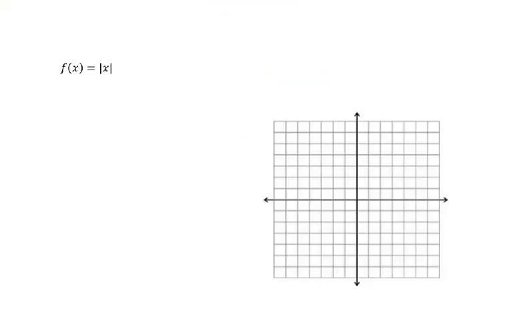The last type of function that I want to look at is called an absolute value function. So this is your absolute value function. You're saying that the function of x, f of x, equals the absolute value of x.